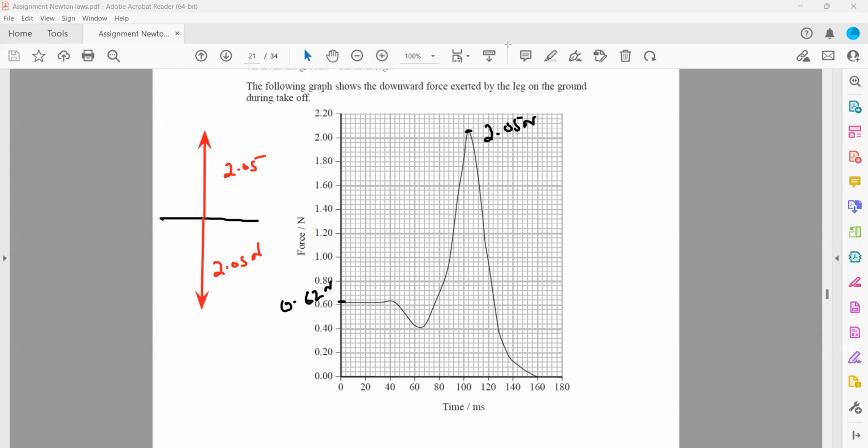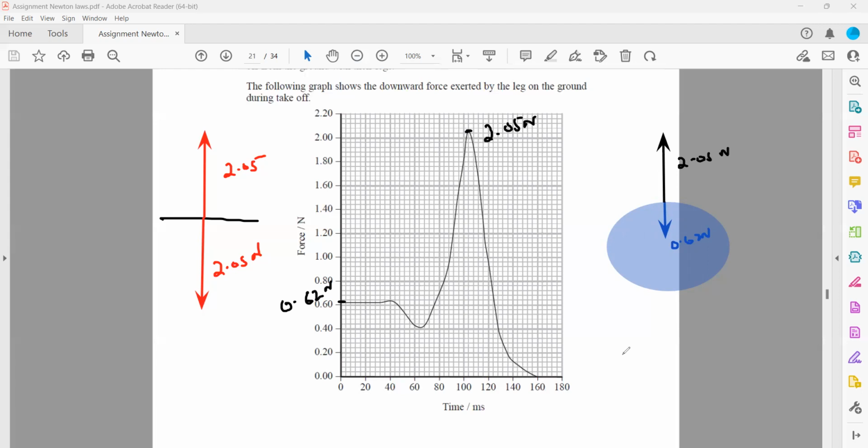Now with reference to Earth, the weight of the bird we can get by its mass times g, like 0.063 or 0.062. That is the weight of the bird. And the upward force on the bird is 2.05 Newton.